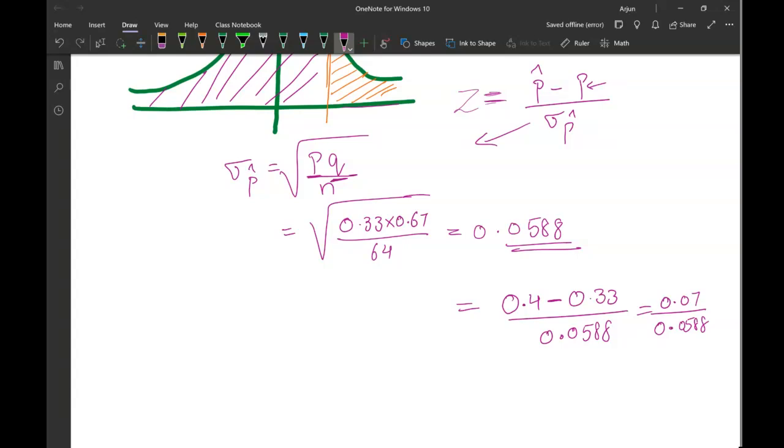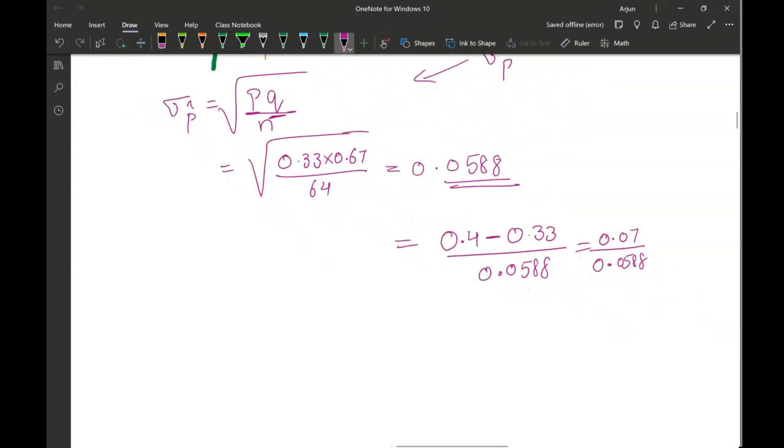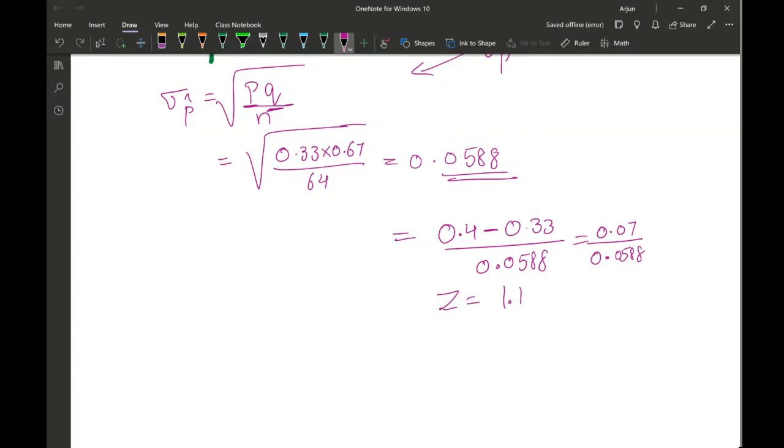Dividing this number by 0.0588, that's going to be a z-score value of 1.19. I got the value as 1.19.